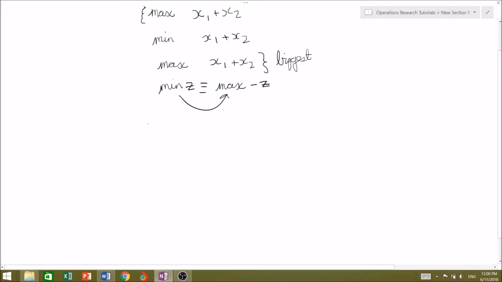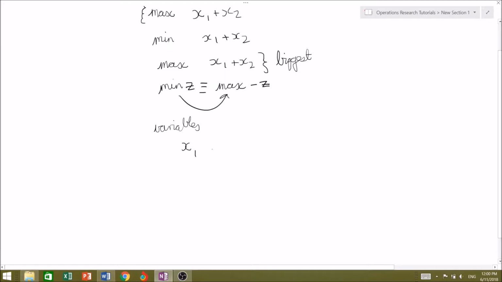Now I'm going to move on to a very important concept, something that I did not mention in the previous video because there was not sufficient time. And in this video I'll show you what happens if we have constraints imposed on the decision variables themselves.